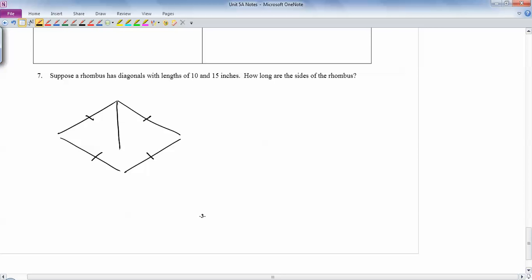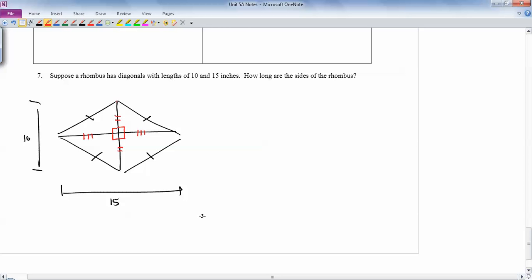And I know that one diagonal is 10, and the other diagonal is 15. And we just learned that if you have a rhombus, the diagonals are perpendicular. And we also learned that this side equals this side equals that side. That was all part of the proof that we just did.